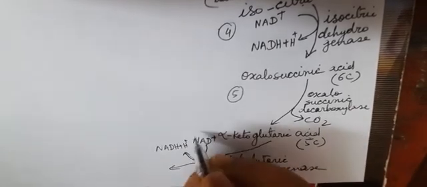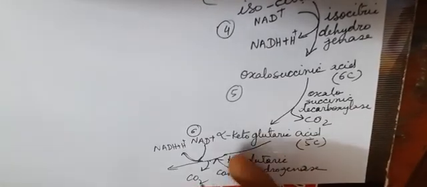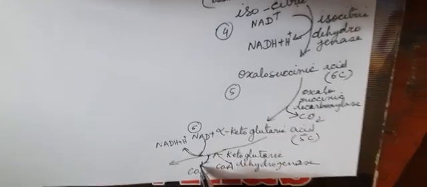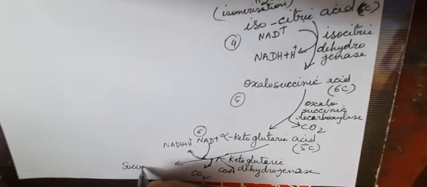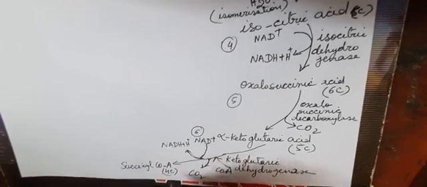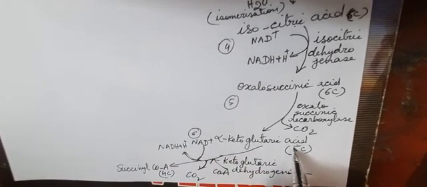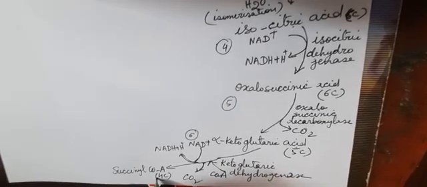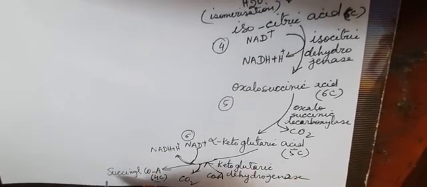So this is the sixth step. After losing the carbon dioxide and the hydrogen ions, it will become succinyl coenzyme A, which is a 4-carbon compound. Because it was 5 carbon, it lost 1 carbon as carbon dioxide, so it will become a 4-carbon compound.